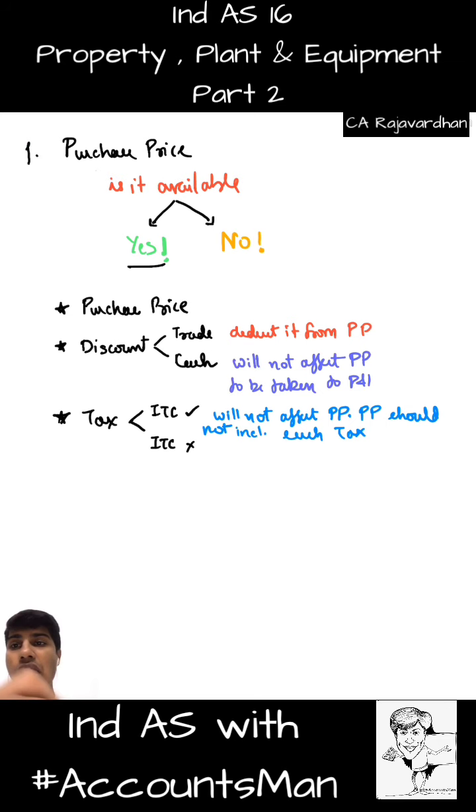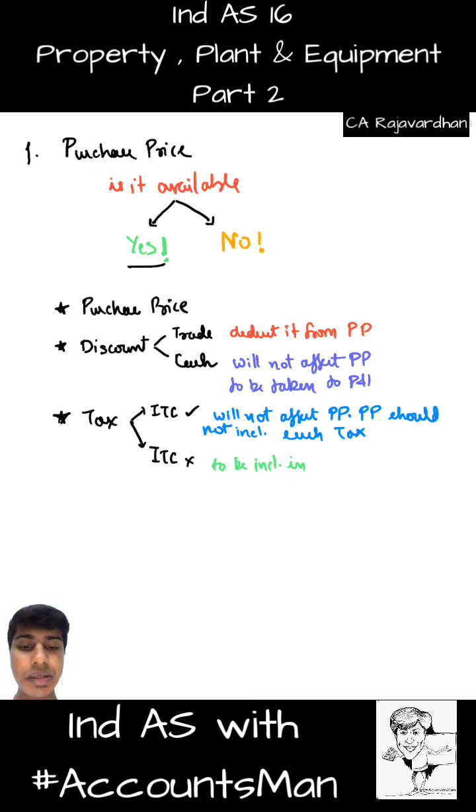However, if input tax credit is not available, then what will I do? As the input tax credit is not available, it is not something like reimbursement. Such tax should be included in the purchase price.